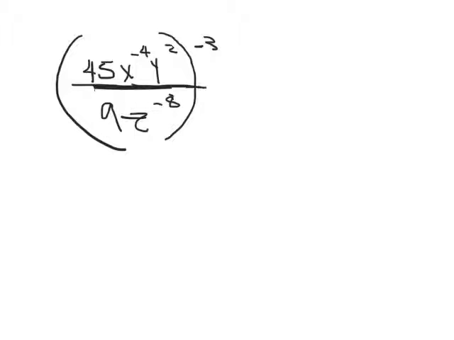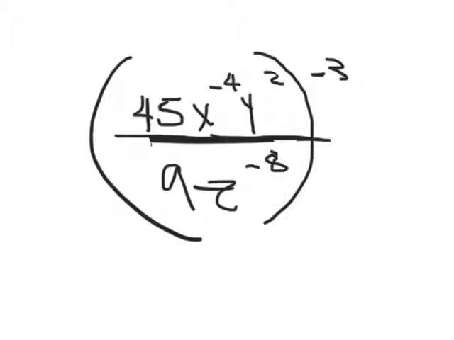Okay, so what we're going to do is as much as possible with the numerator and then the denominator, and then if we can cancel, we'll do that. So let's see what we come up with. Okay, so we're going to do our reducing first.